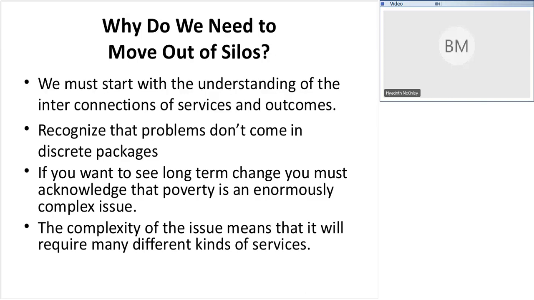And if we want to move people towards long-term change, we have to acknowledge the complexity of this interaction and the fact that these are not just discrete issues, that we can't just solve this simple single problem that we're presented with, but that we have to look at many different kinds of services.